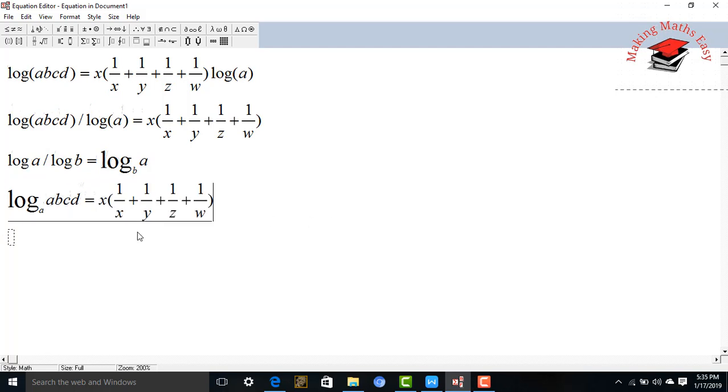So hence we have proved the mathematical function as log of abcd to the base of a is equal to x into 1 by x plus 1 by y plus 1 by z plus 1 by w.